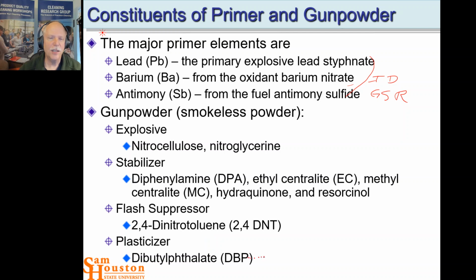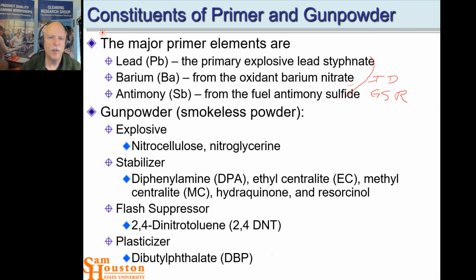And then these grains, like I said, they're engineered grains to burn at a certain rate, and you don't want any kind of jarring or whatever to cause those grains to break up. And so this plasticizer may be added to some formulations to keep those grains a little bit flexible and not brittle.